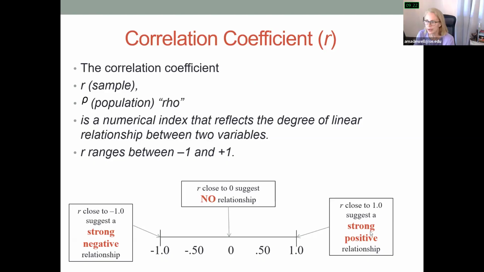So you'll notice there's two adjectives, strong and positive. That's a positive number. As we go left of our number line from 0, these are all negative numbers. As your correlation coefficient reaches -1.0, then it would be the max of a strong negative relationship.